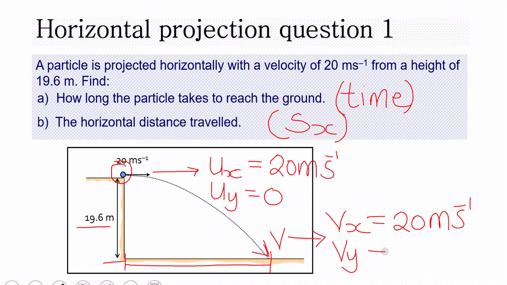But the v in the y, we do not know it. So as you can see, I have almost summarized everything. Here, this is the distance traveled in the x direction, and this one is the distance traveled in the y.